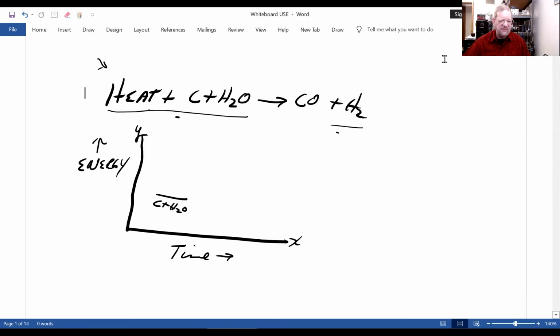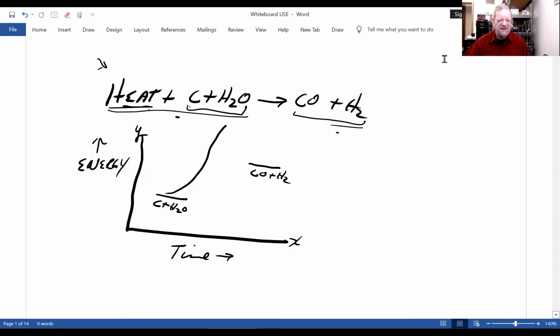Carbon plus water has a certain amount of energy, and the total energy on the left, including the heat, equals the energy on this side, so carbon monoxide, CO, and hydrogen have more energy. How high, don't worry about it.